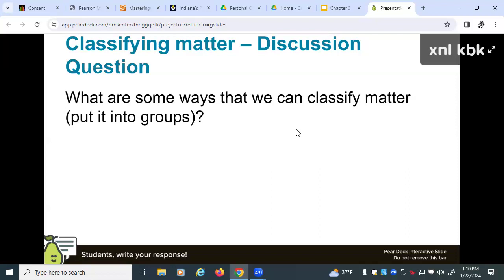What are some ways that we can take that idea of the physical universe and put it into some categories, some groups, to help us chunk out different parts of the physical universe into groups that have some common themes? No right answer or wrong answer here. Just want to see where your head's at. What are some ways that we can put matter into groups?